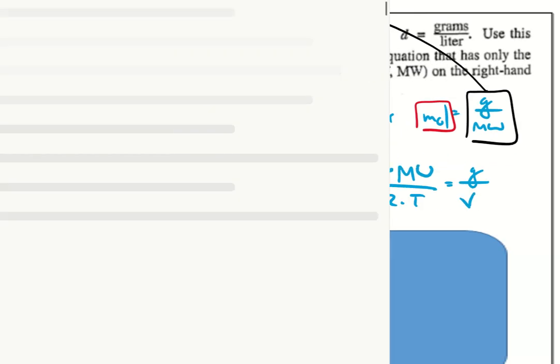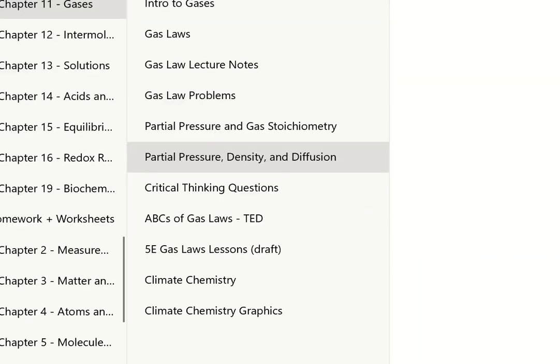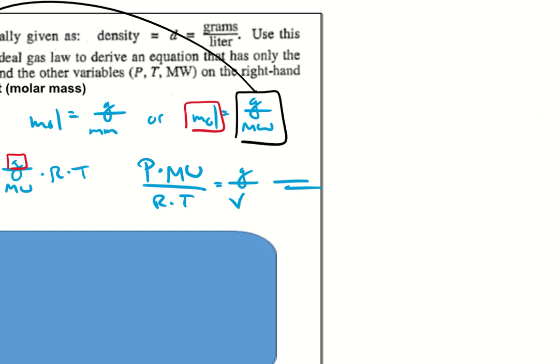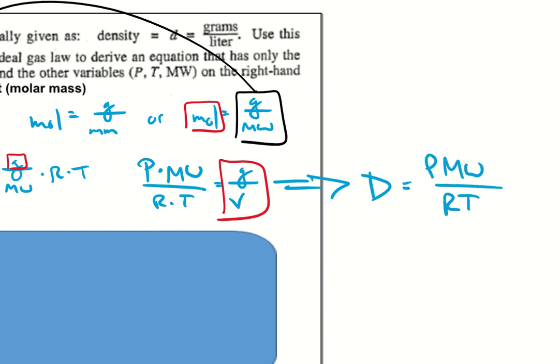Simplifying that equation a little bit, we get density, grams over volume, is equal to P times mW over RT. That's this half right here.